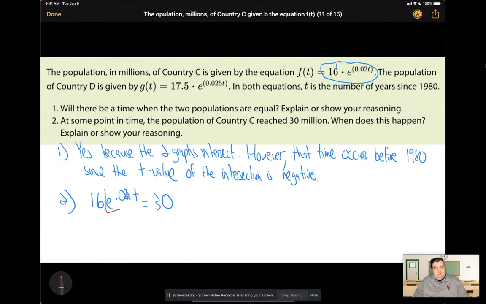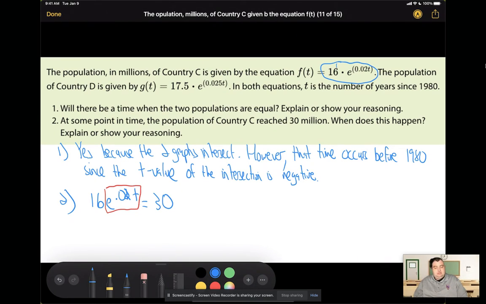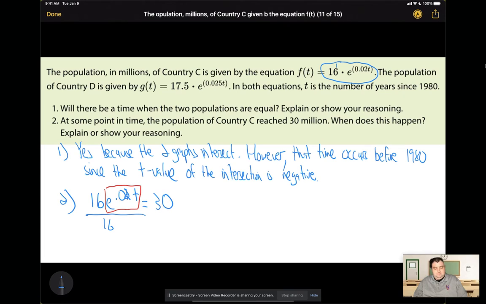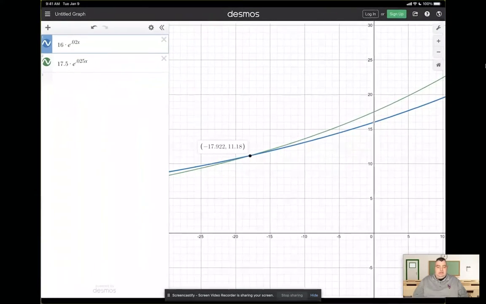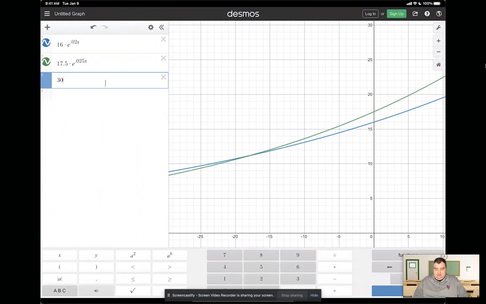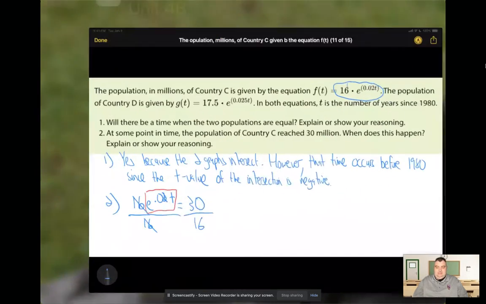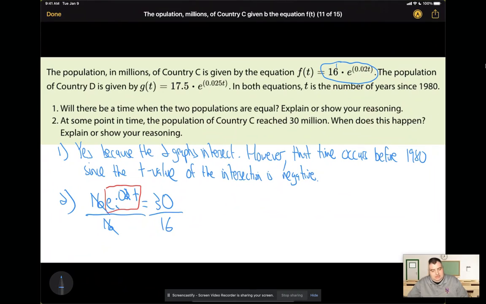What I'm going to do is first isolate that exponential term. So I'm going to divide both sides by 16, okay? So 30 divided by 16 is 1.875. So e to the power of 0.02 times t equals 1.875.